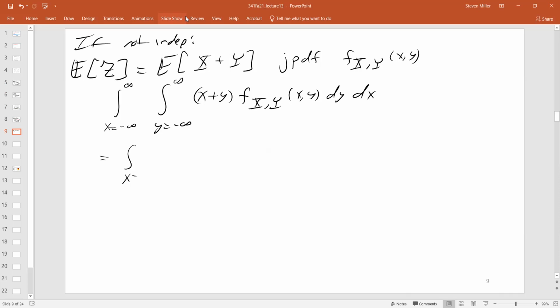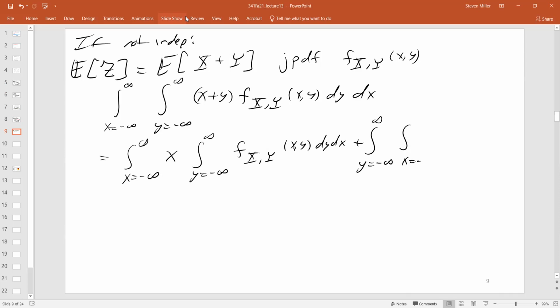I'm going to have an integral x goes from minus infinity to infinity of x, integral y goes from minus infinity to infinity of fxy of x, y dy dx, plus the similar integral, and I'm going to just change the order. Y goes from minus infinity to infinity, integral x goes from minus infinity to infinity of y fxy of x, y dx dy.